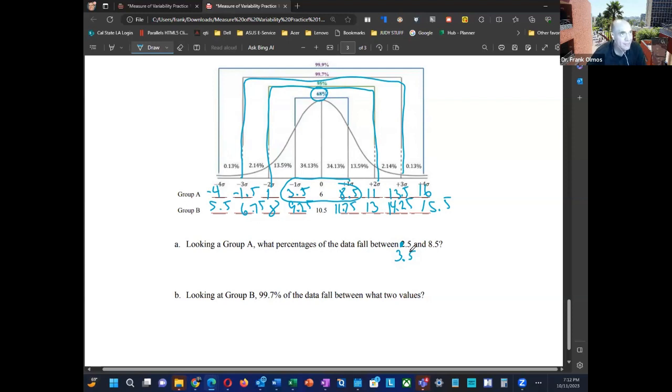What percentage of data falls there? It should be 68%.